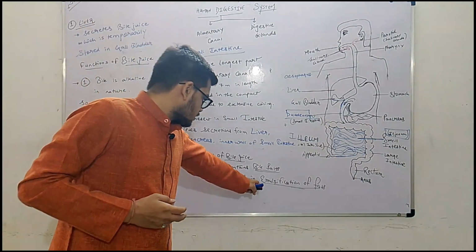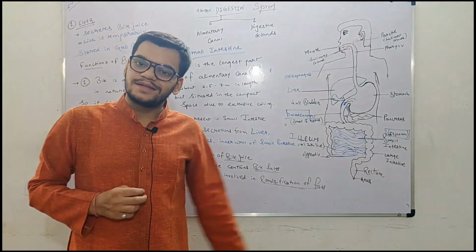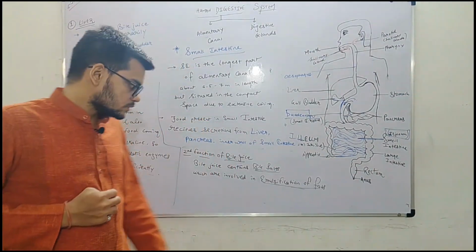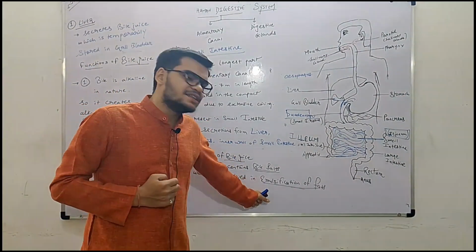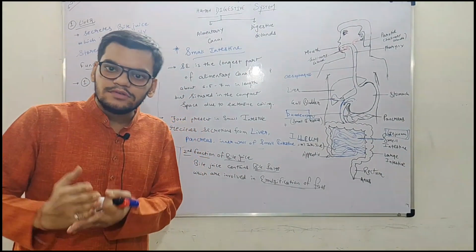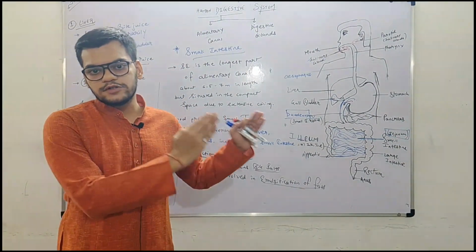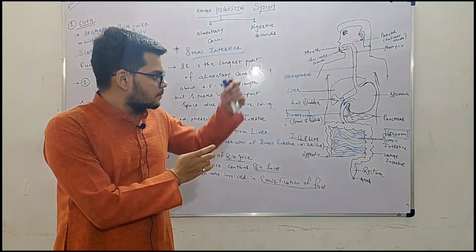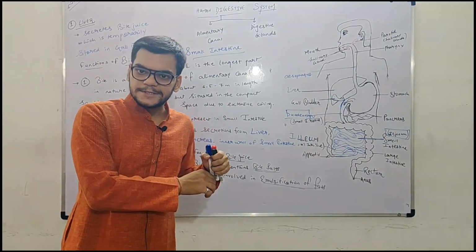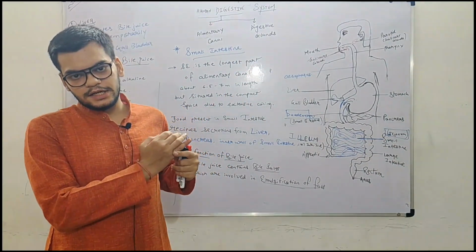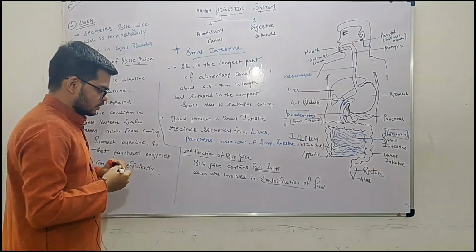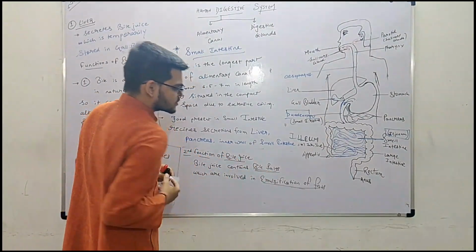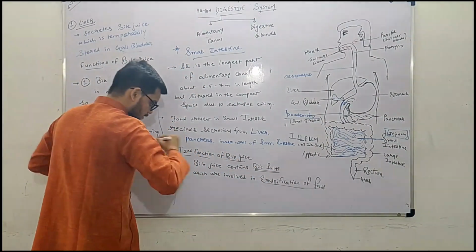That is done by bile salts present in bile juice. It will break down the large fat globules into smaller fat globules.